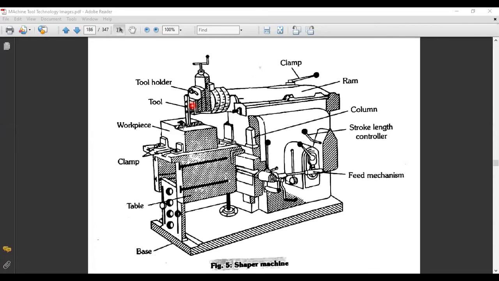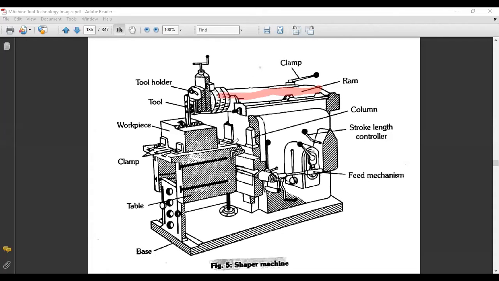This is generally the tool holder. This is the ram, the complete ram. From here to here is the complete ram, and this is a clamp for opening the ram cover. Next is the workpiece.